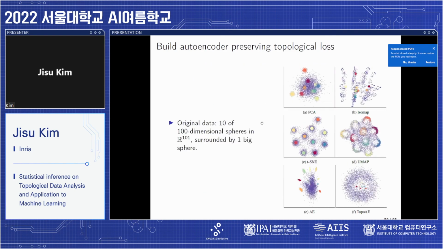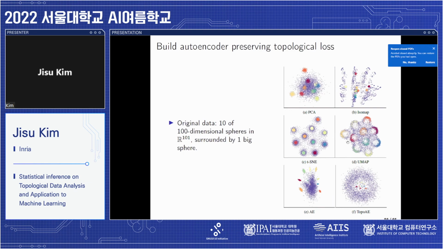By doing this, here the original data is a collection of 10 spheres, each of 100 dimensions in 101-dimensional Euclidean space, surrounded by one big sphere.